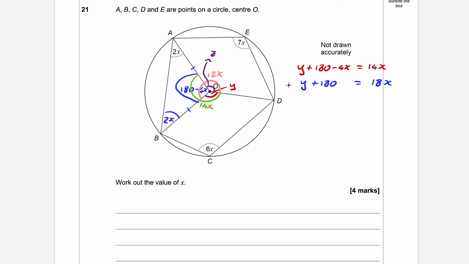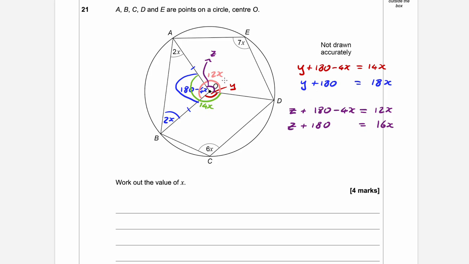So z plus 180 minus 4x must equal 12x. So here I have z plus 180 equals 16x. Now I've got two equations, but now I have another unknown.